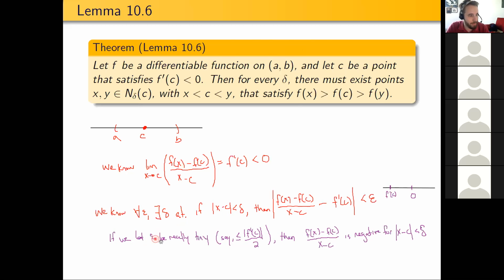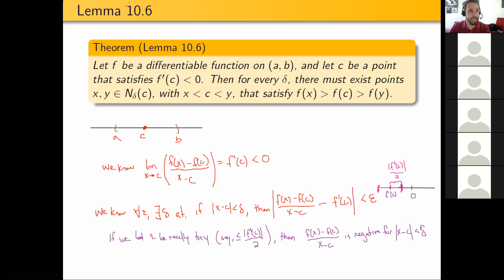If I let epsilon be equal to some number less than or equal to f prime of c over 2, well, I can measure this distance, right? Cut it in half. So this distance here is going to be our f prime of c over 2 distance. And so the corresponding epsilon neighborhood around f prime of c is all going to stay negative.